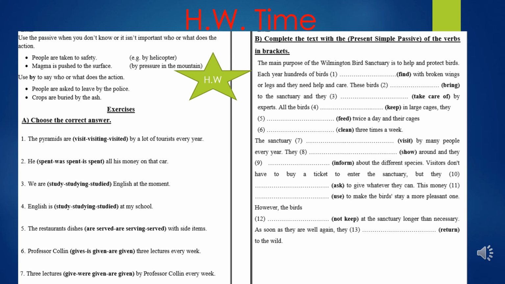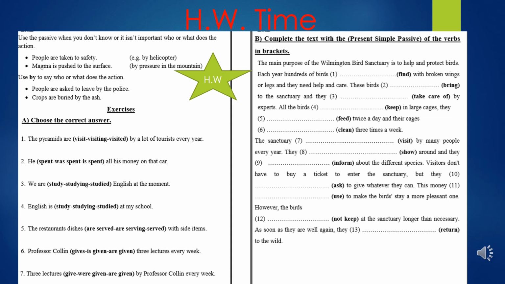Supposedly you read it. So let's answer together. The main purpose of the Wilmington Bird Sanctuary is to help and protect birds. Each year, hundreds of birds are found with broken wings or legs, and they need help and care.